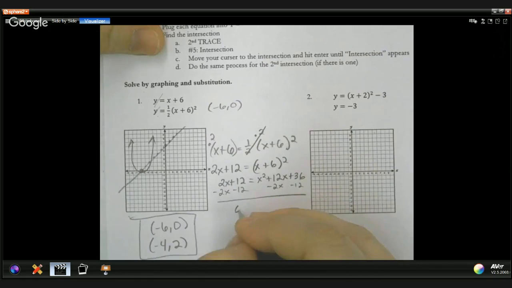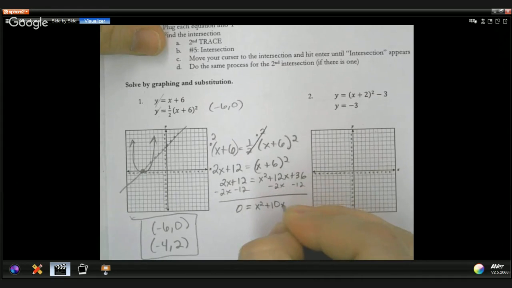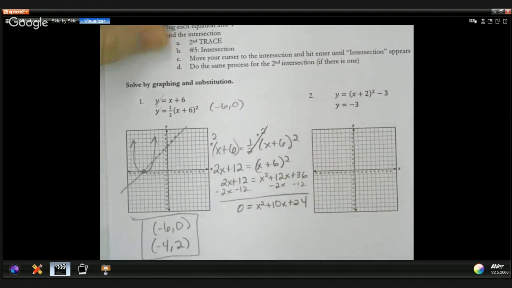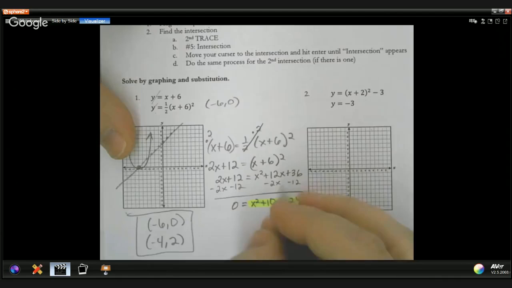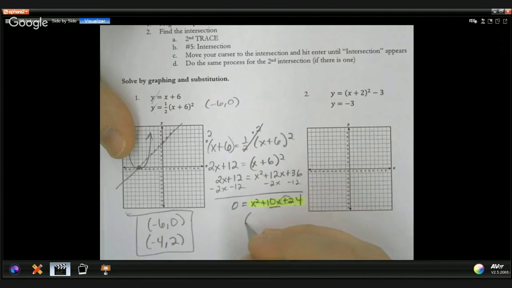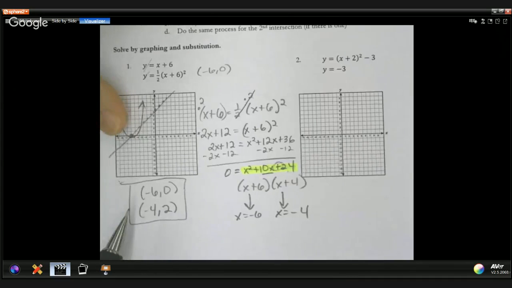And so I get 0 is equal to x squared plus 10x plus 24. Well, now I have something that you're able to factor, okay? When you factor it, my factors of 24 that add to give me 10 are going to be 6 and 4. And so that's how I get a -6 and a -4. Those are my two x values.